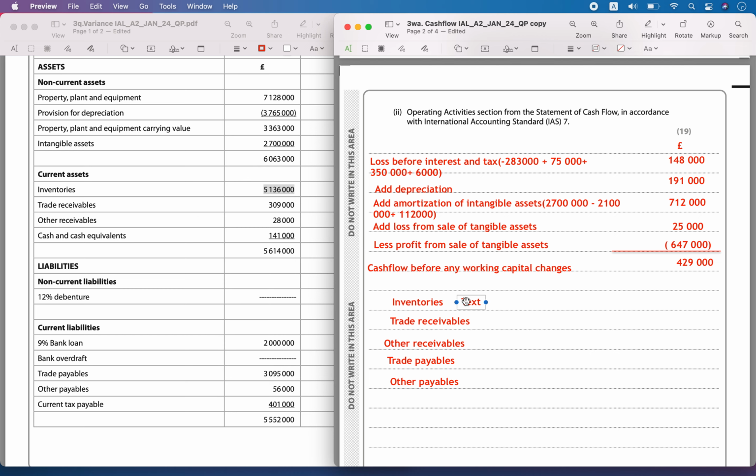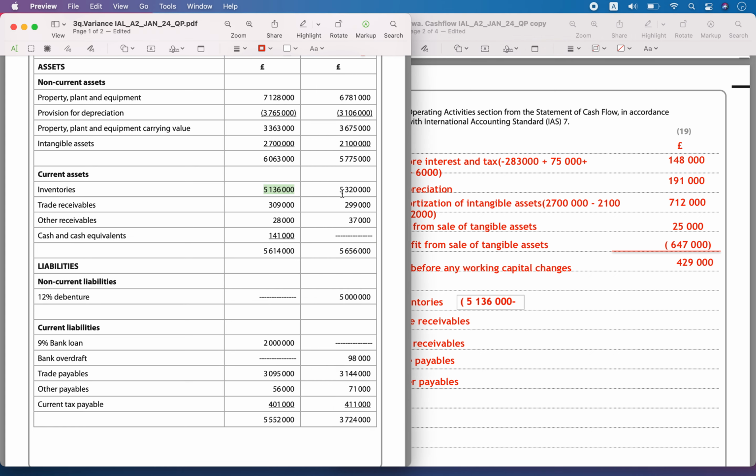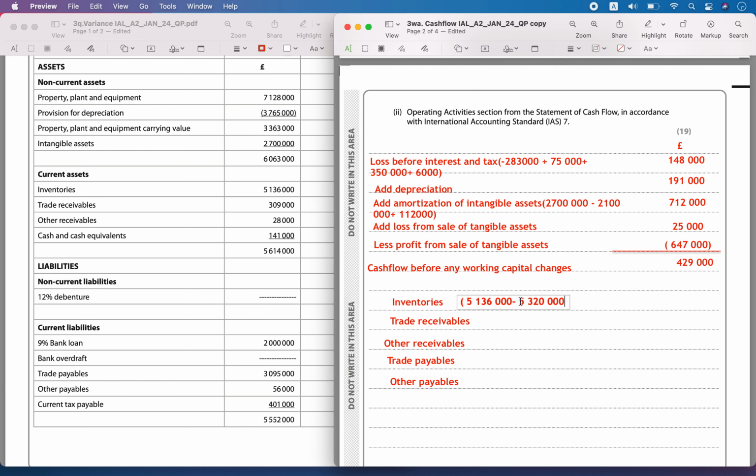First one is the inventory. The opening was 5,136,000 and the closing was 5,320,000. So that value is going to be 184,000. You have to calculate the difference in magnitude, and then decide.